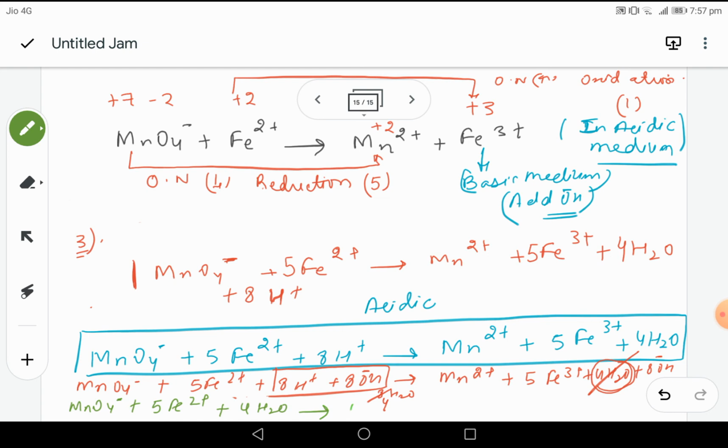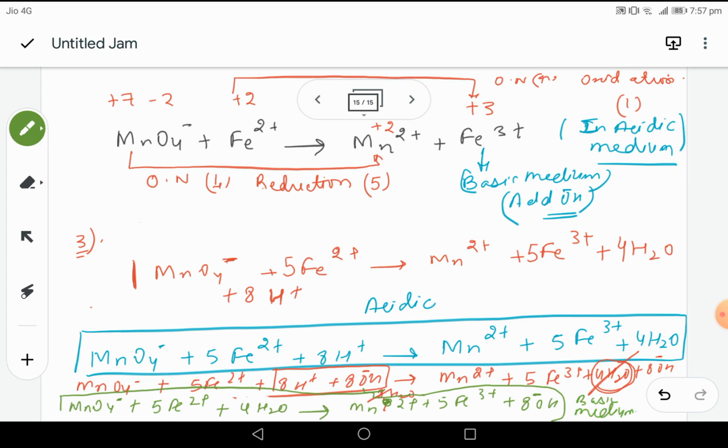It will give Mn2 positive plus 5Fe3 positive plus 8 OH negative. And this equation that I have written with green, it is the same reaction but which is balanced in the basic medium, right?